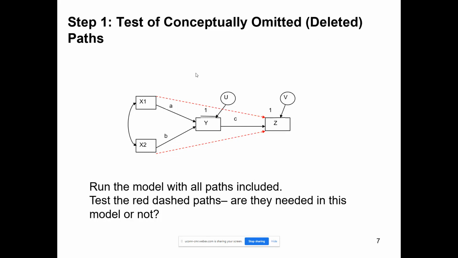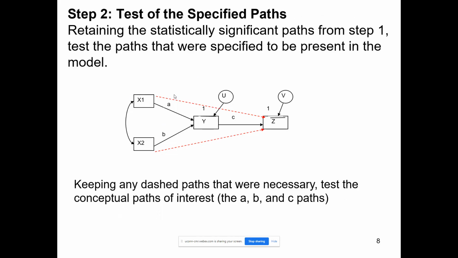I'm just going to look at those red dashed paths and say, do I need those paths or not? And then in the test of the specified paths, I'm going to retain either of these or both if it turns out that I needed them from step one, right? So if I need those conceptually omitted paths, I'm going to leave them. If I really was right that I don't need them, I'm going to eliminate them. So, keeping any dashed paths that were necessary, and we haven't run it yet, so I just kept them both in there, but of course we'd eliminate either one that we don't need.